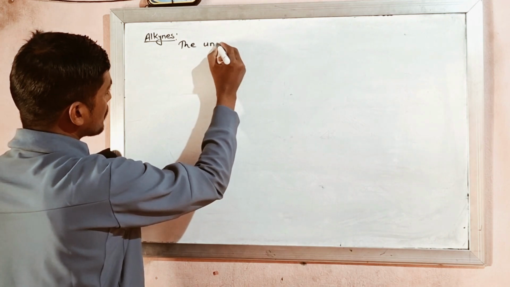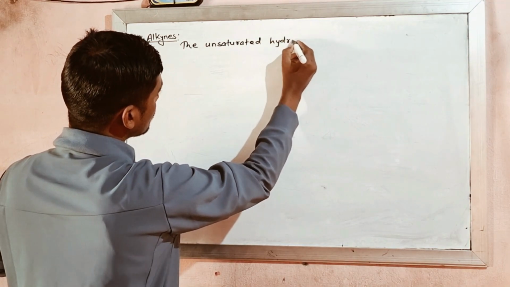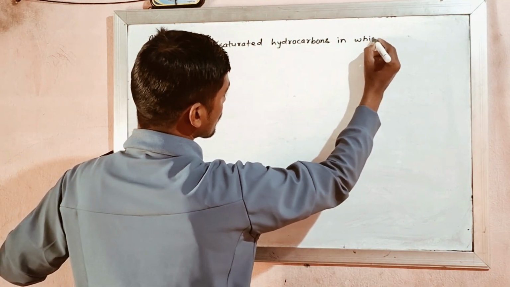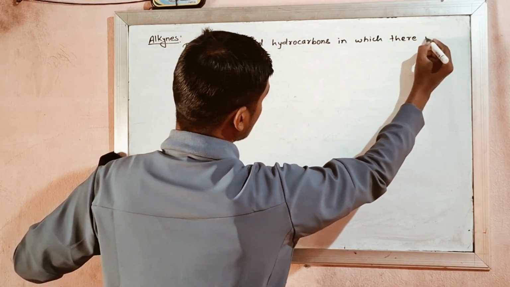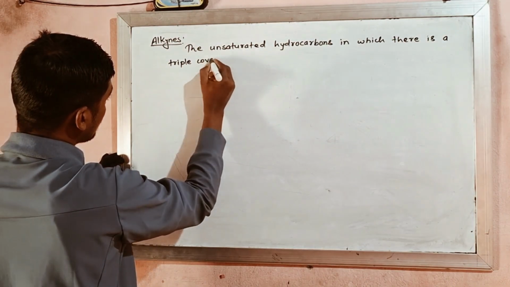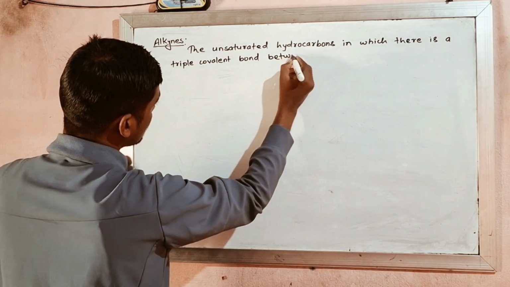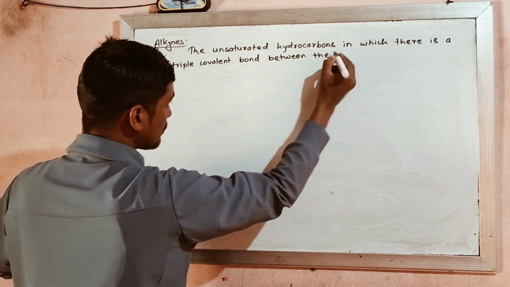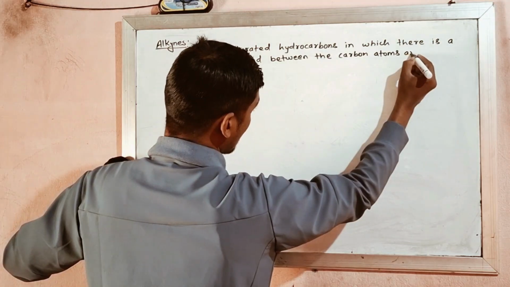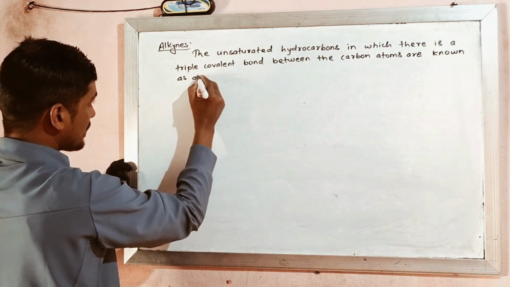The unsaturated hydrocarbons in which there is a triple covalent bond between the carbon atoms are known as alkynes.